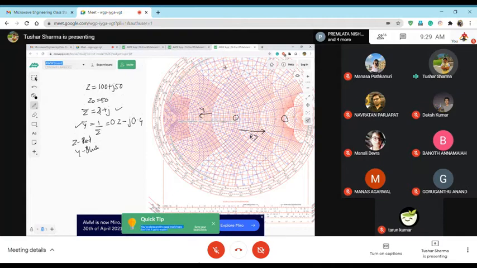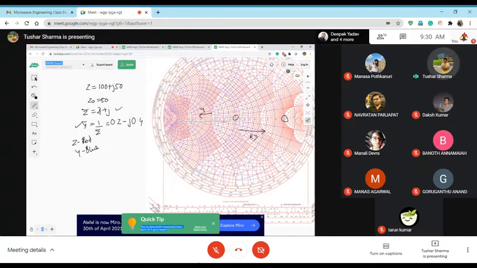This was always plus j50, plus j1, plus j2, plus j1.2 and so on. For my admittance, this is my negative part, and below 1 will be my positive part, because Y is 1 by Z. So if it is 1 over j1, that will become minus j. So now minus 0.4 will be on the top. So let's spot 0.4. Here it's 0.2, the blue one, 0.3. This curve here is 0.4.